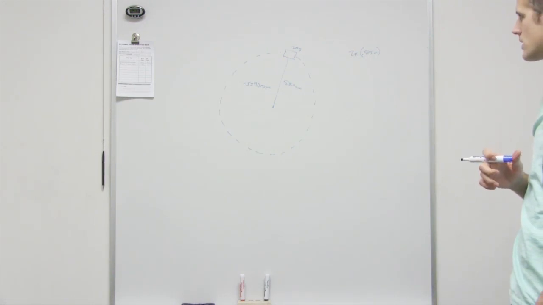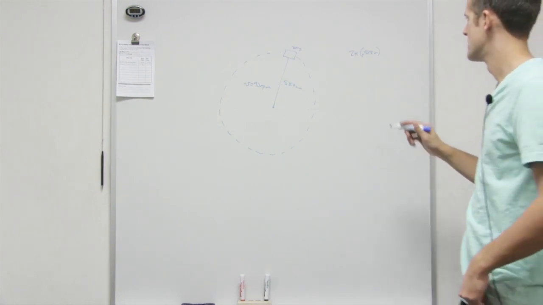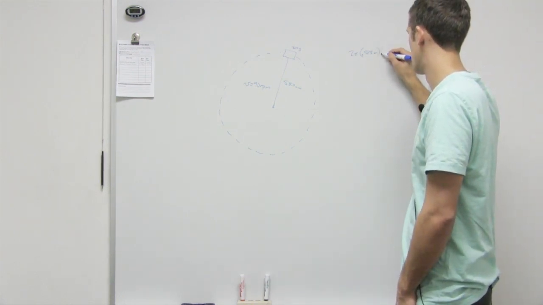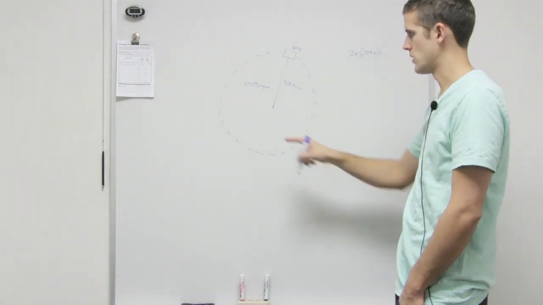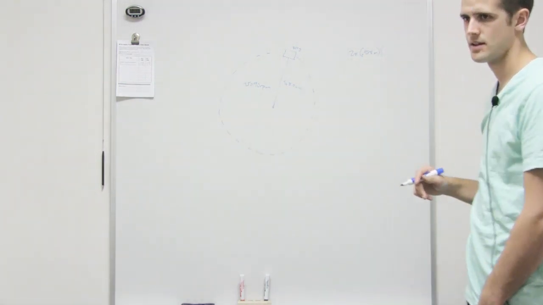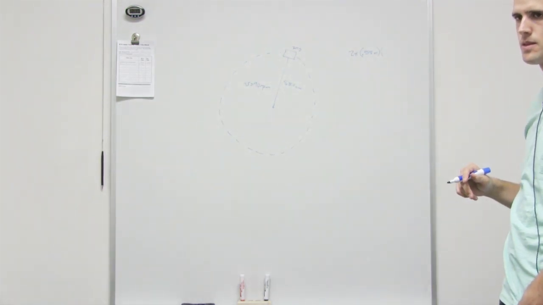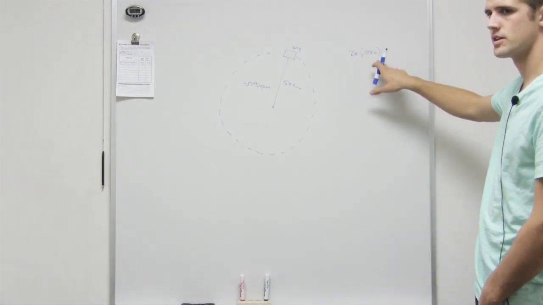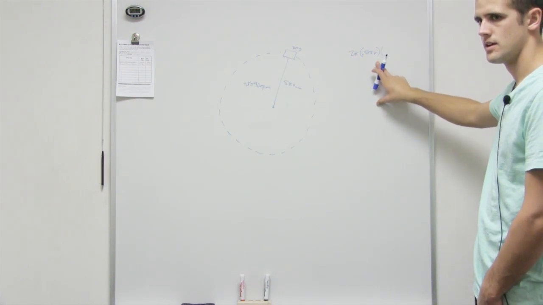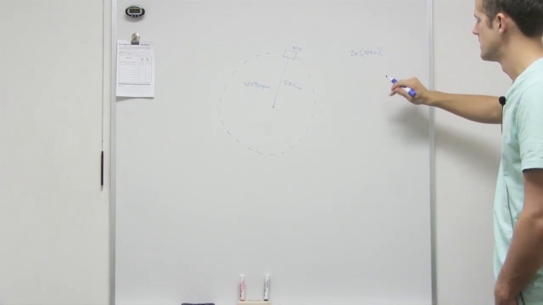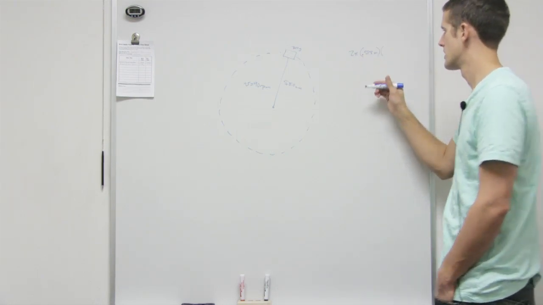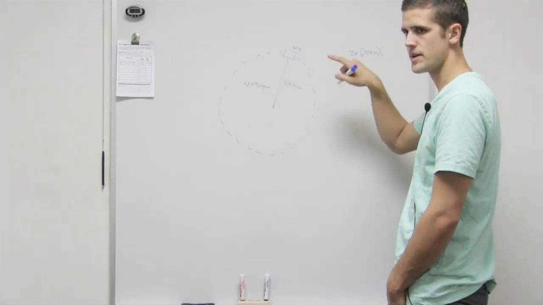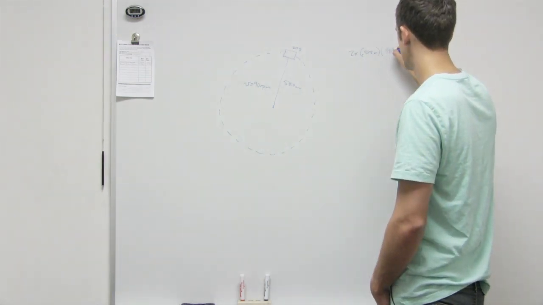Okay, so 3.64. So how far does this go in 1 minute? It's going at 90 revolutions per minute. This is how far it goes in 1 revolution, and then you're doing 90 of those every minute, times 90.